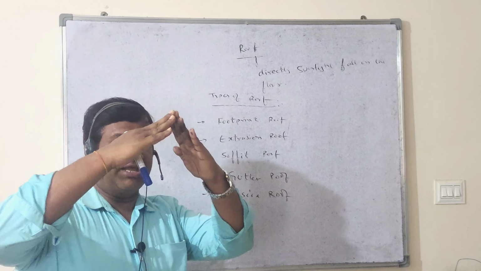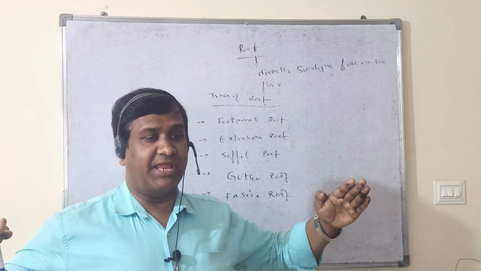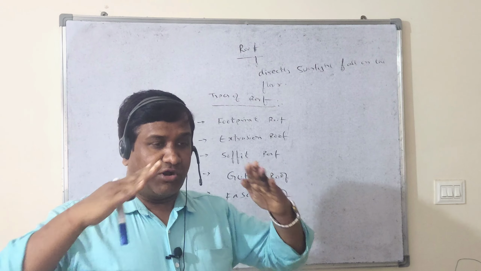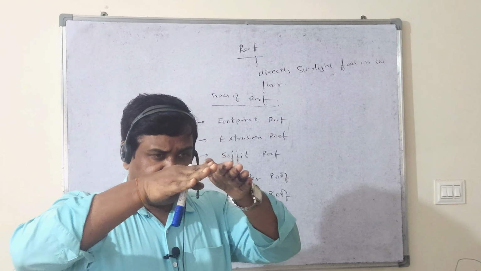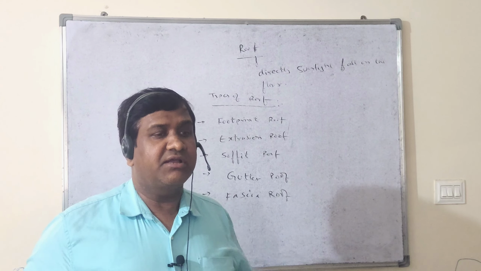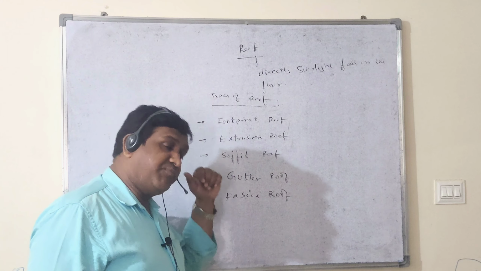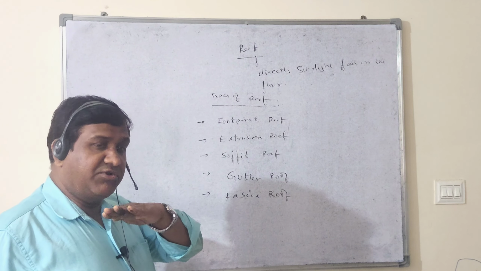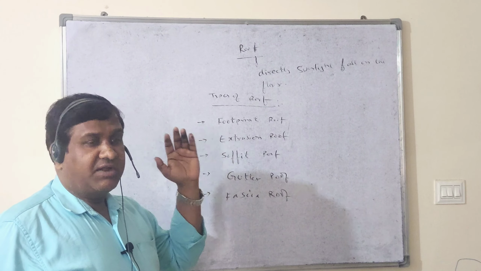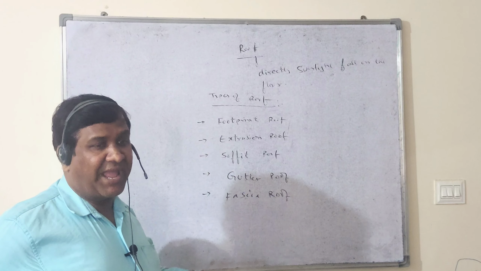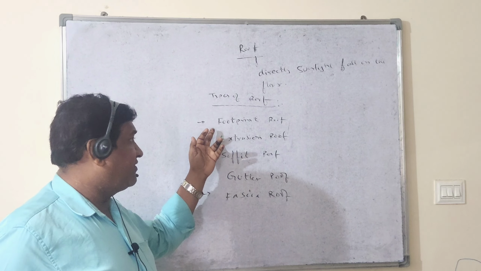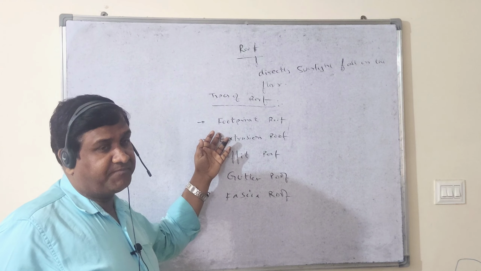And some roofs come with a slope, from top to bottom, coming at different levels. That type of roof we will also call a footprint. So a footprint can be done plain, and also with a slope angle. Both ways we can do this footprint roof.